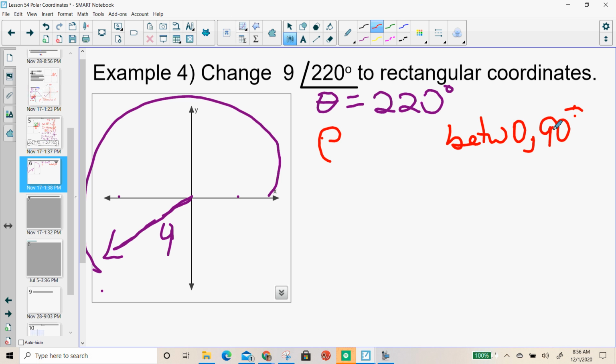If you use 220 directly into the calculator, you get this whole problem wrong. We expect you to get one between 0 and 90 and write it down. So I need to know, using part of the x-axis as my triangle, what is that angle with the x-axis? It's always going to be with the x-axis, never with the y.